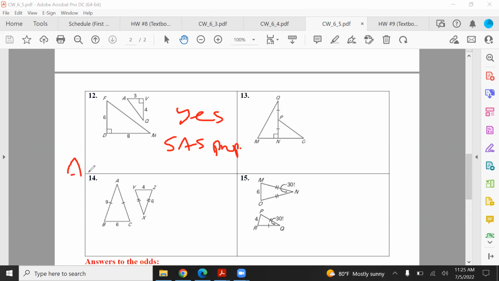And you can say triangle FDM is similar to triangle AVQ. And finally for 14, yes, I would say yes again, because that's going to be 9, and that's going to be 6. And that's yes due to side proportionality.